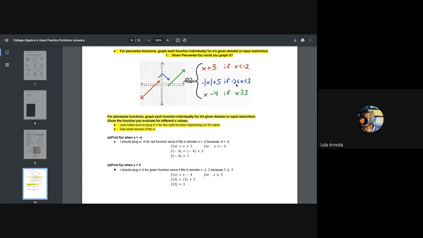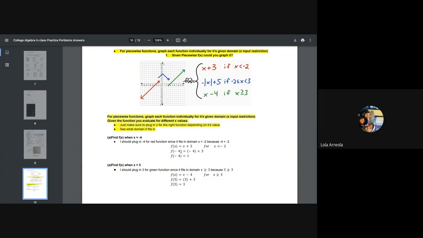Is -4 in between -2 and 3 at all? No, so I can't use this function. The only one I could plug it into to see what my output is, because it wants me to find the output when x is -4, is this guy, because it's true that -4 is less than -2.